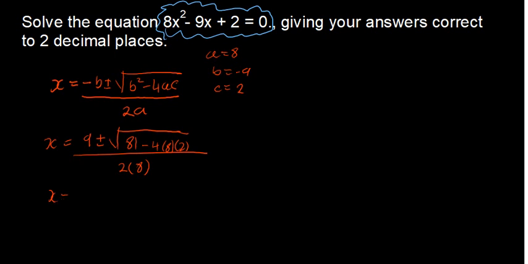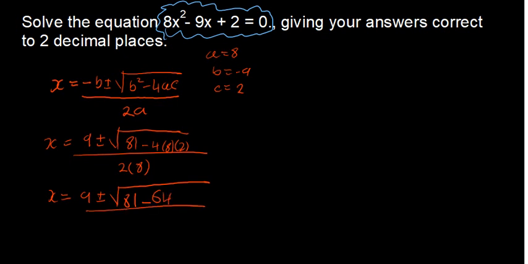So x is going to be equals to 9 plus or minus the square root of 81 minus, that's 4 times 8 times 2, which is 64.